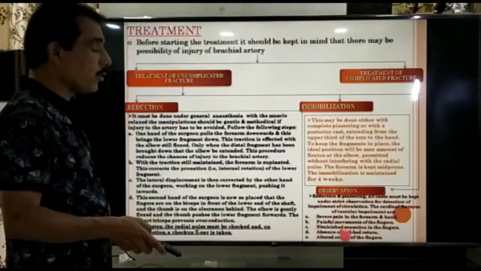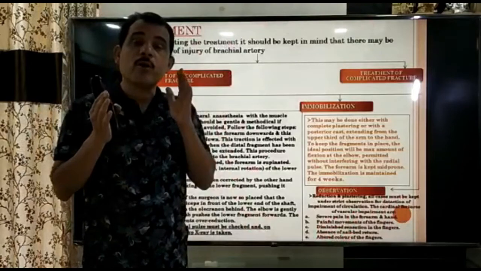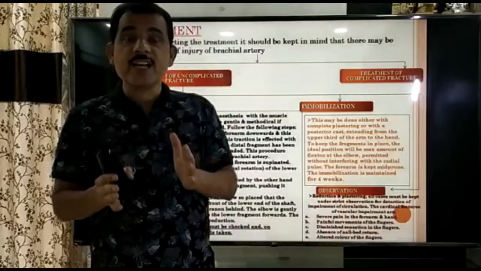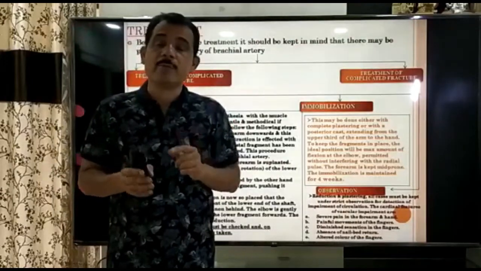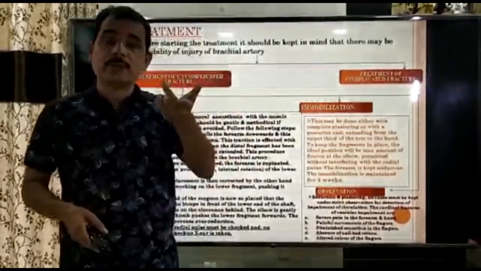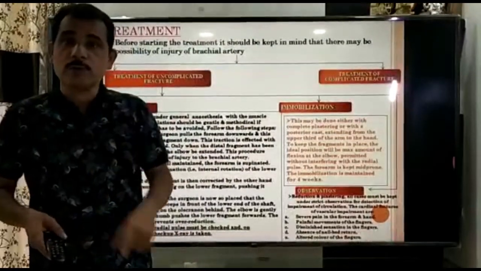But remember, after immobilization, we should make observations, because after the plaster, swelling may occur. It may compress either the blood vessels or the nerves, and that may cause arterial complications such as Volkmann's ischemic contracture or compartment syndrome. How should we know? By observing.